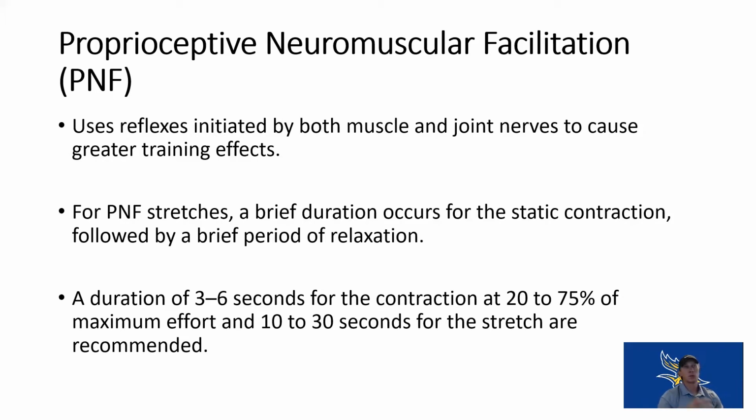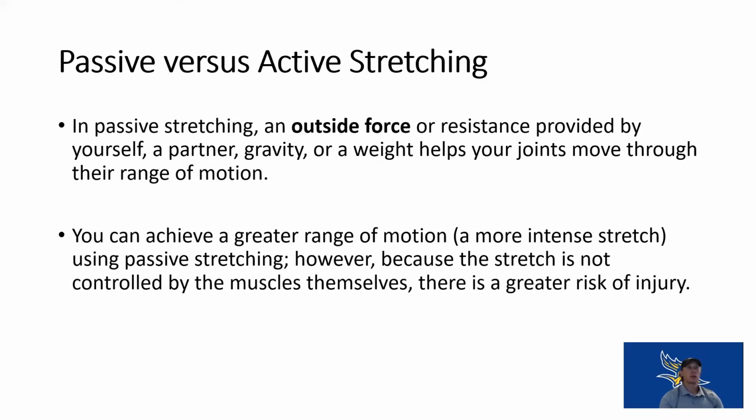It can allow you to improve range of motion for a quick period of time, but it only lasts for a few hours maybe, because it is more of a trick to your nervous system rather than a long-term chronic change.